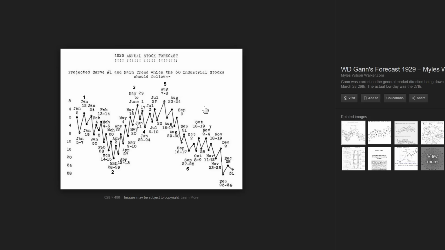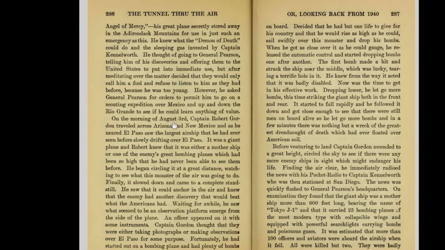It's an interesting concept, because 360 is obviously an important number, but it comes before that date. Also pay attention to the fact that Gann has the larger swings marked here: 1, 2, 3, 4, 5, 6, 7, and so forth. That's something to pay attention to and think about.